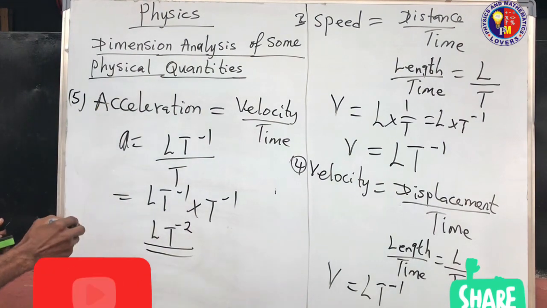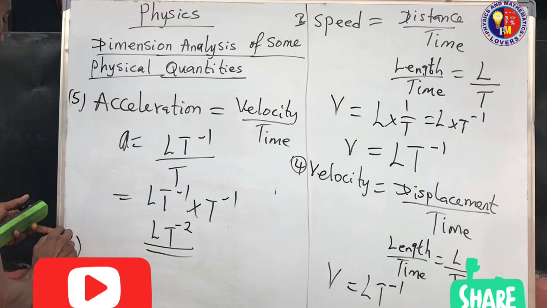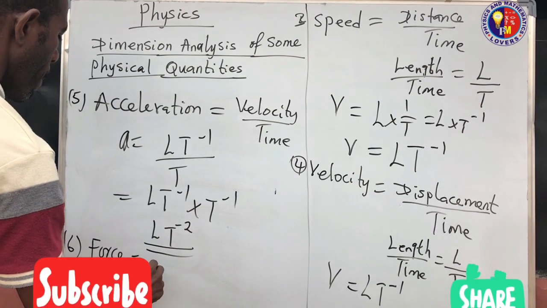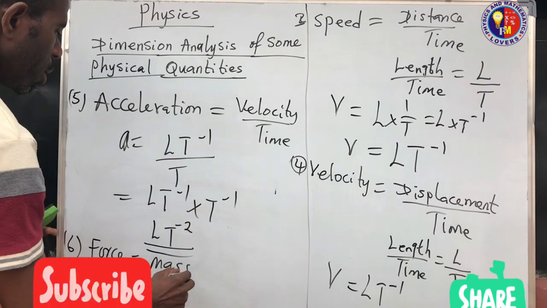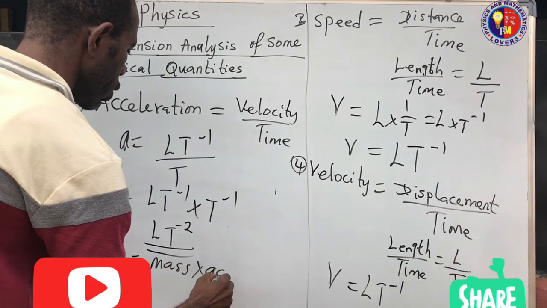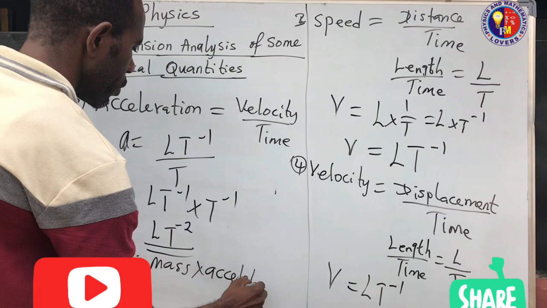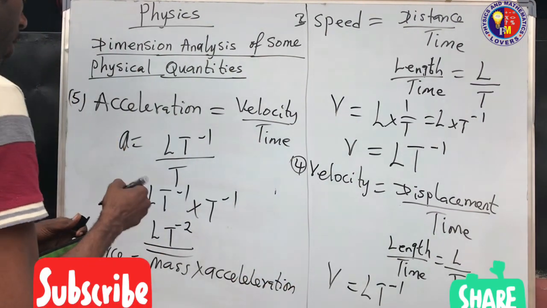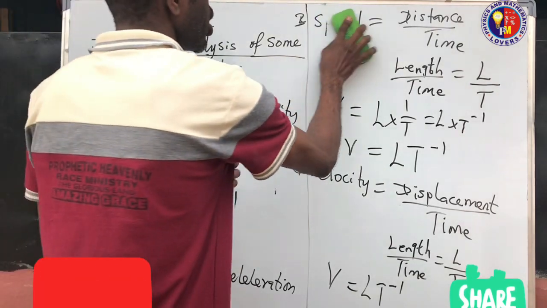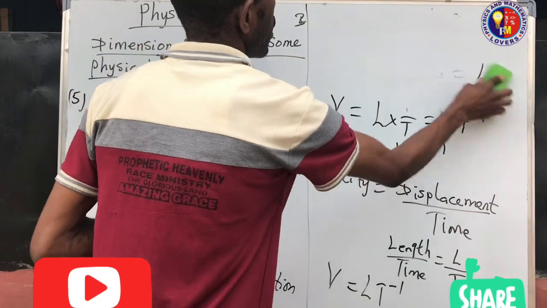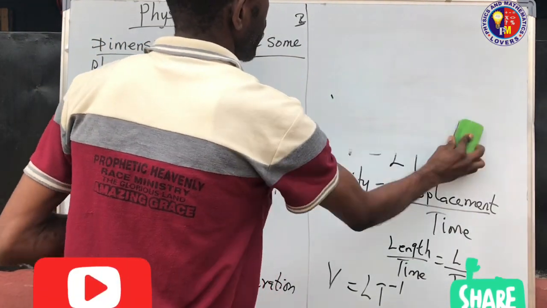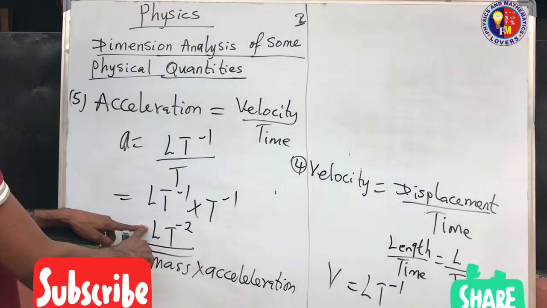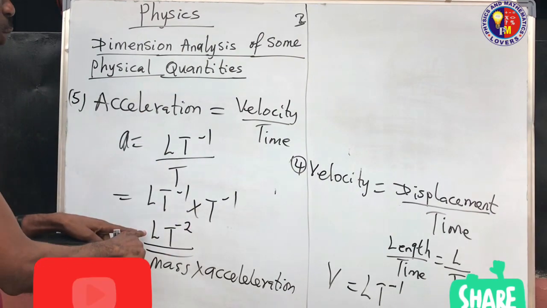The last one I want to give here is force. Force is equal to the mass of that body times the linear acceleration. So mass times acceleration, meaning that we have already known the dimension of mass as capital letter M, and we just calculated the dimension of acceleration.